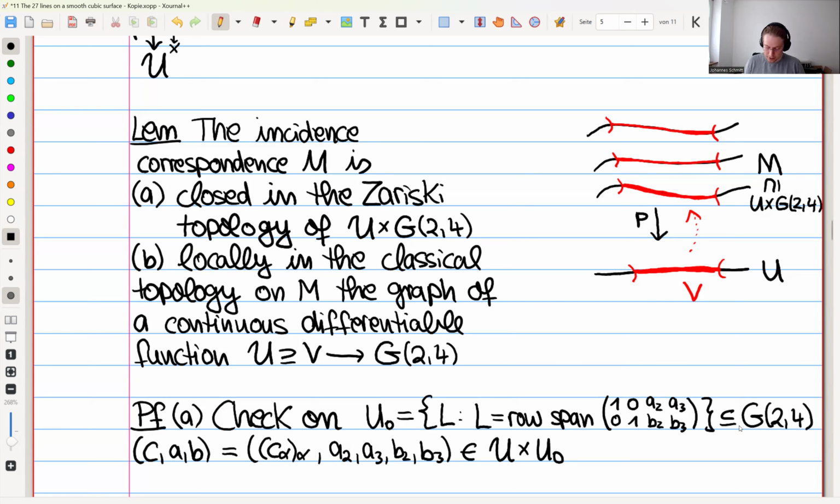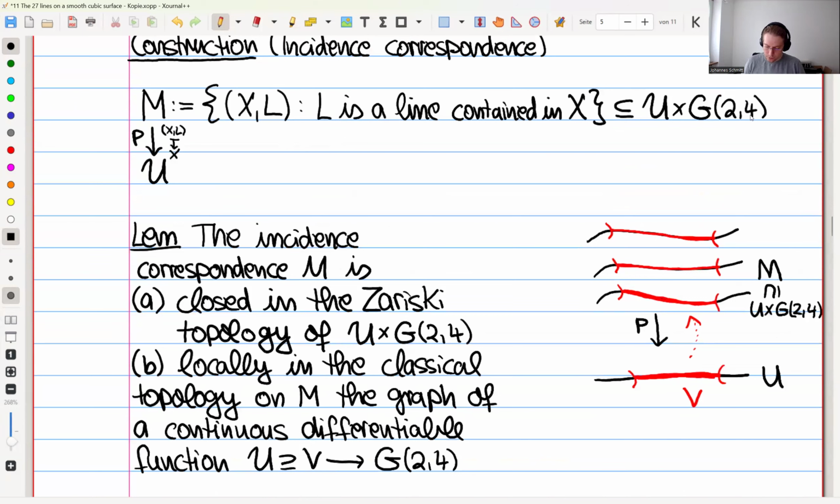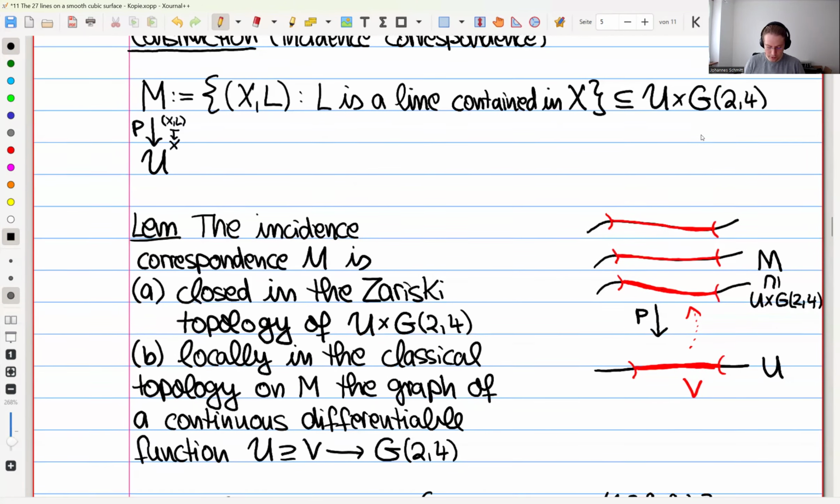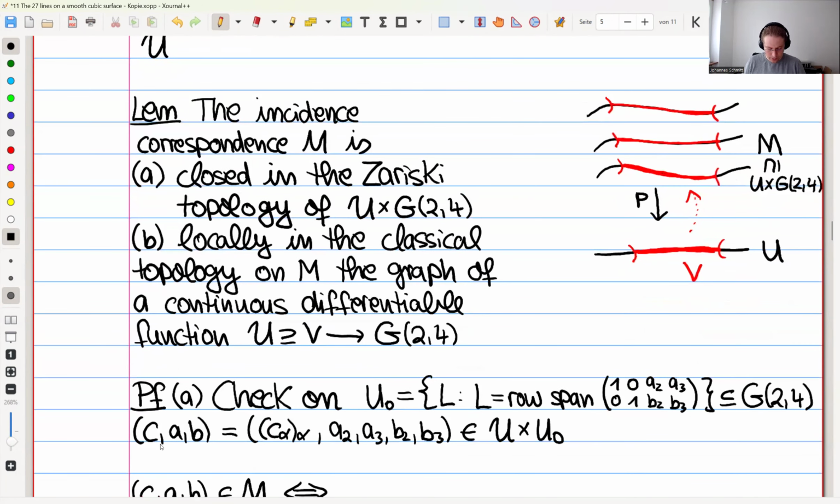So somehow this is a 4-dimensional space with these coordinates. And then if we want to cover this whole thing here, it's covered by this curly U cross the U0. So in other words, the coordinates on here are these coefficients C alpha, and then these a2, a3, b2, b3 on this patch U0.